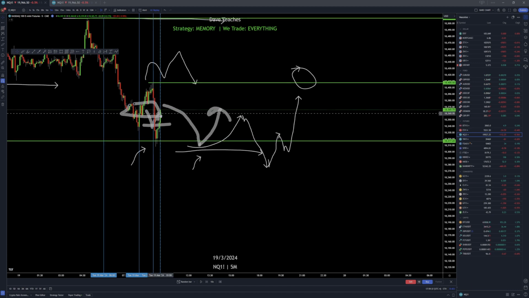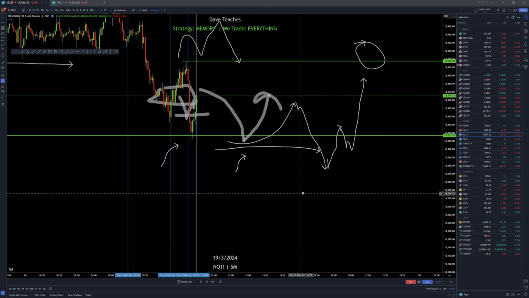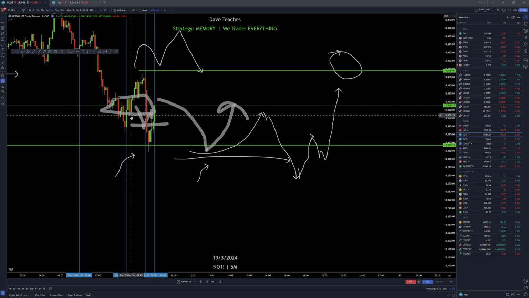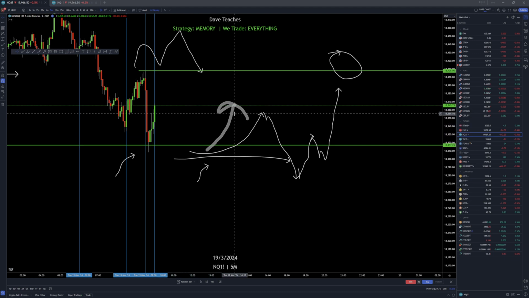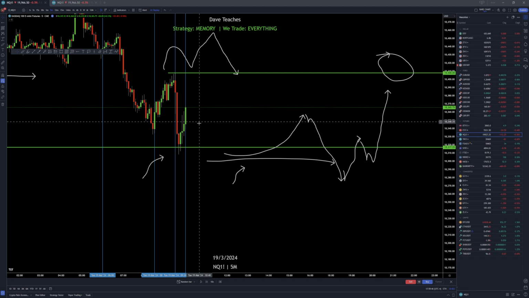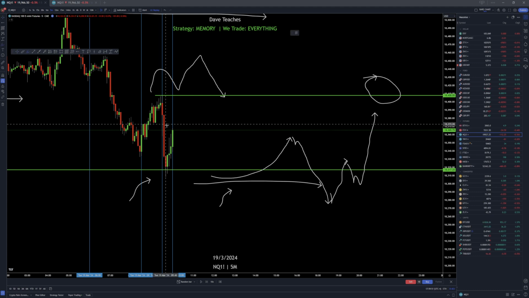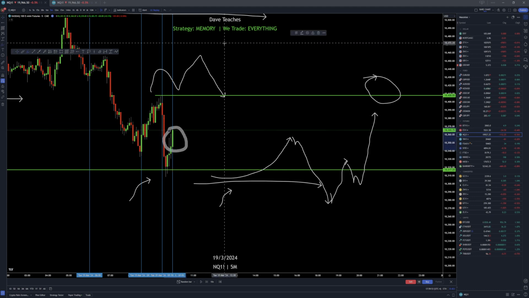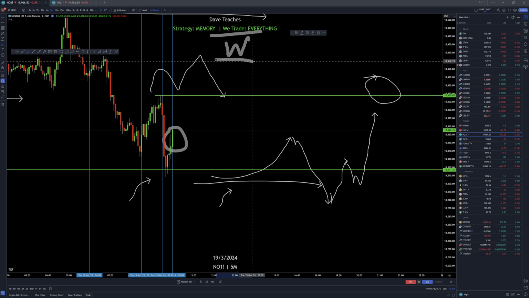This is at 10 o'clock. Remember what I said. 10 o'clock can form, 10 o'clock can happen here. And when we get that down candle closure, now, rule of thumb. Y'all ready? Rule of thumb.